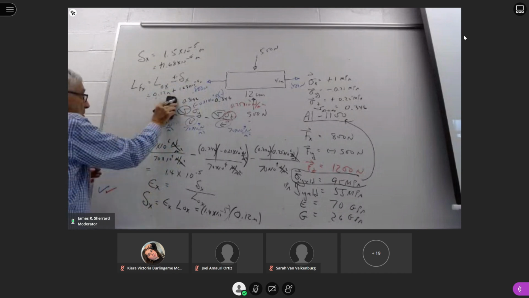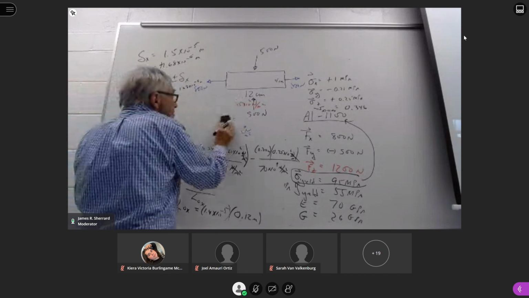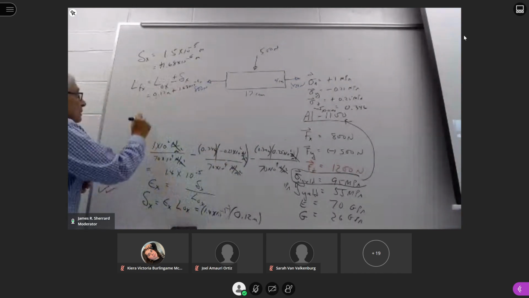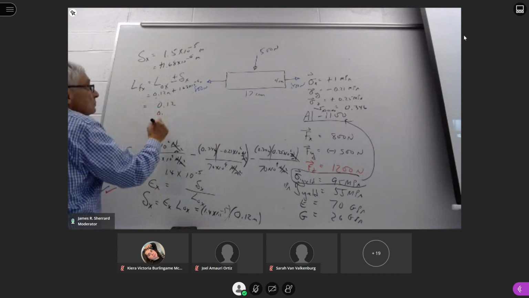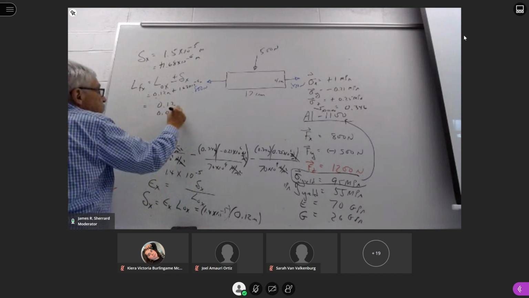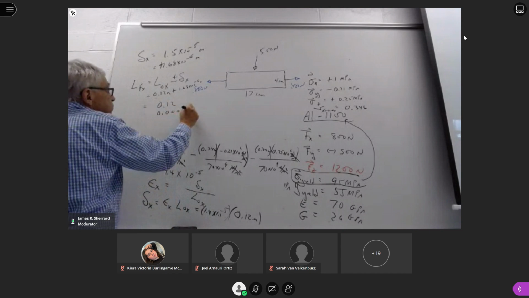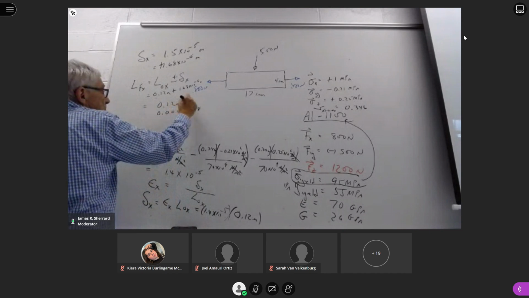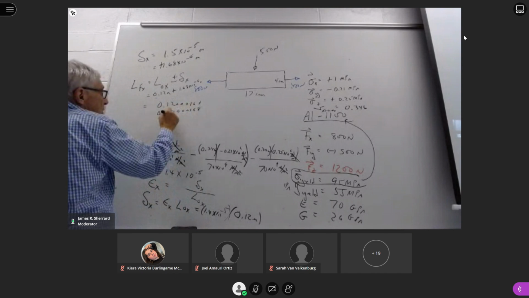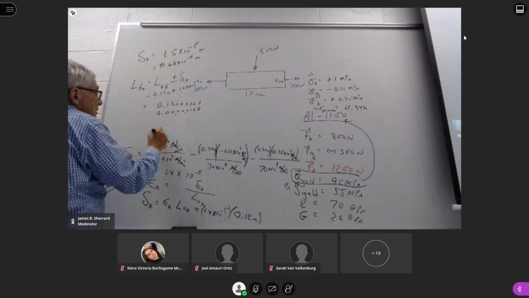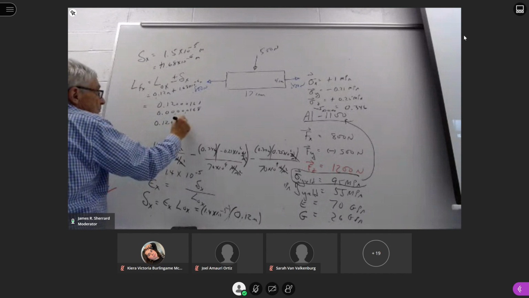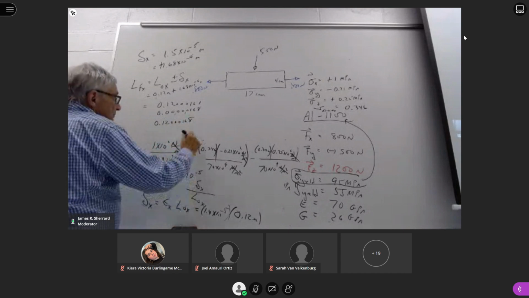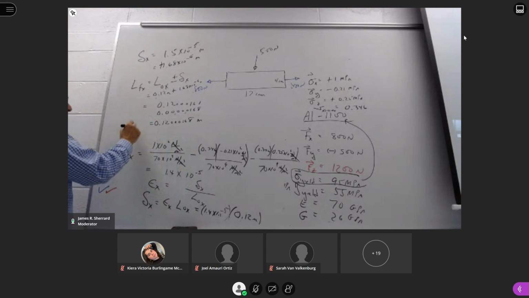And if we add those together, that's the final length in the x direction.